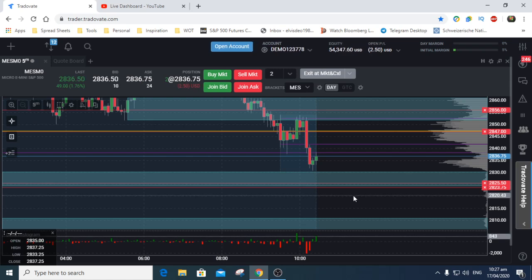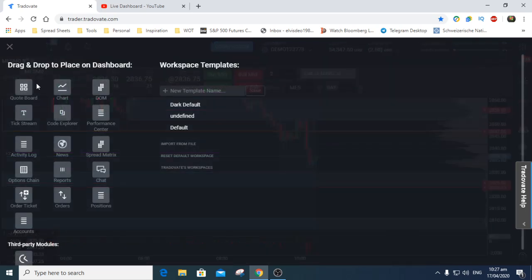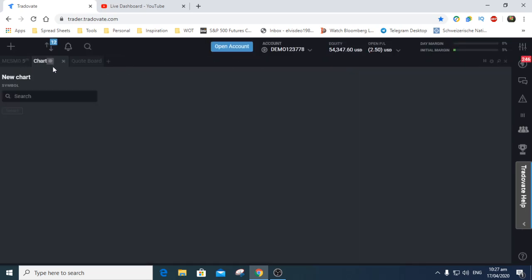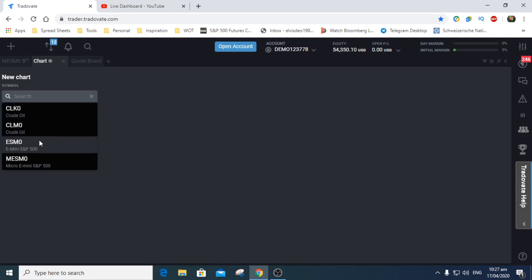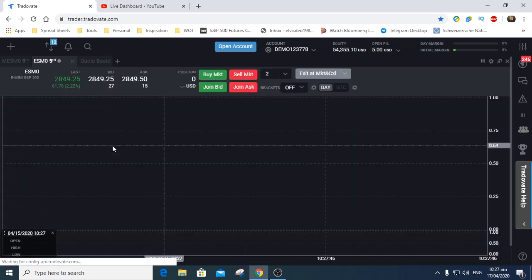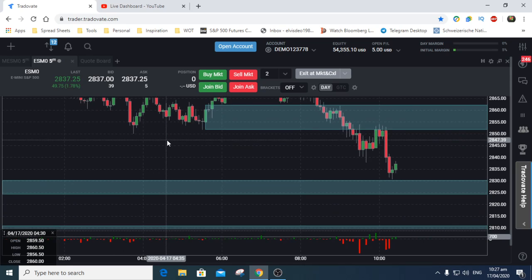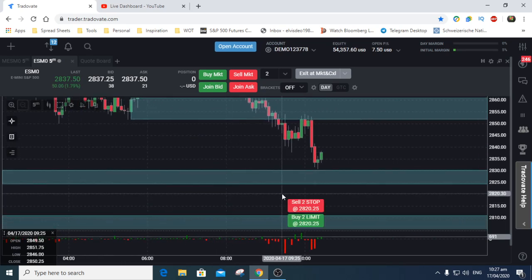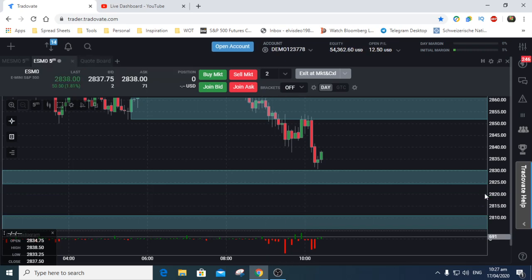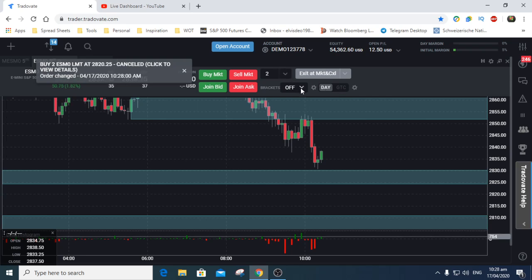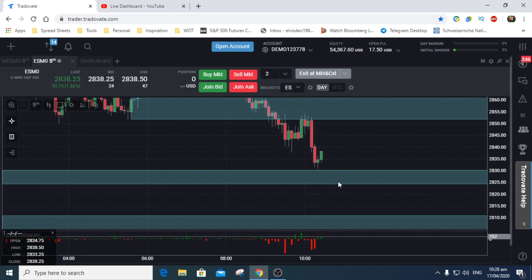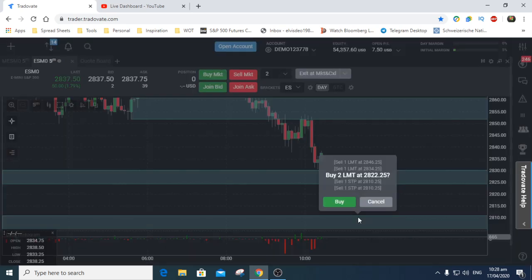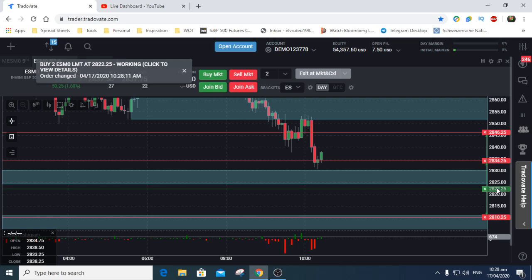I have to pull up the next chart so you can see exactly how my stuff set up. ESM from here. So trading the micros aggressively as we do, and trade the minis.